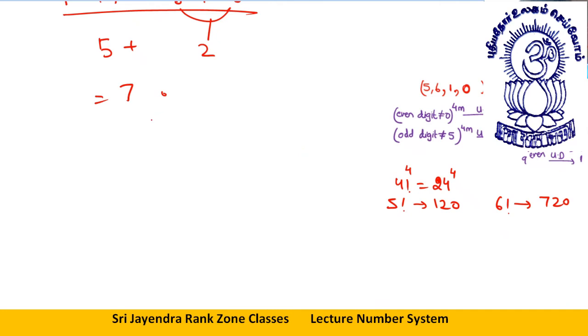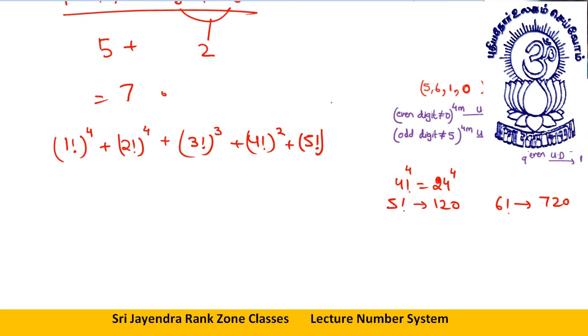The last digit of the expression: 1 factorial raised to power 5, plus 2 factorial raised to power 4, plus 3 factorial raised to power 3, plus 4 factorial raised to power 2, plus 5 factorial raised to power 6.